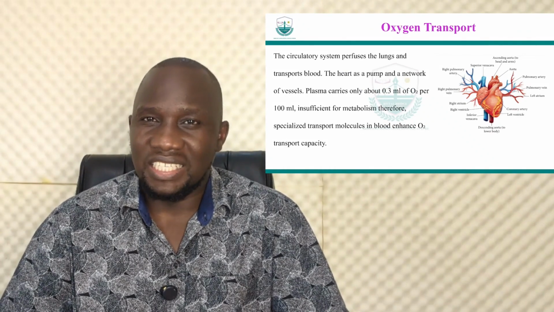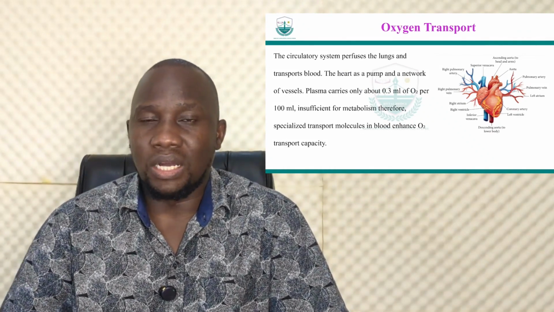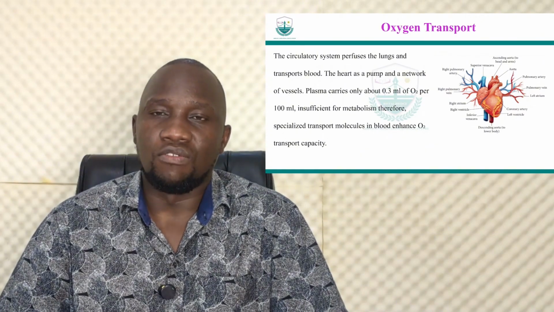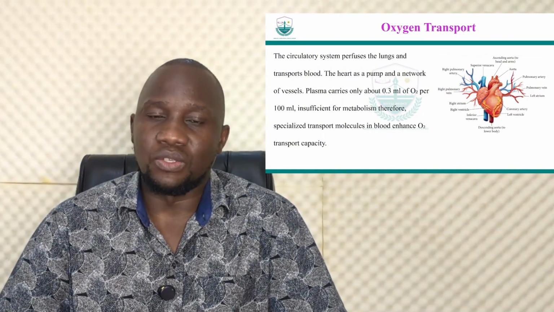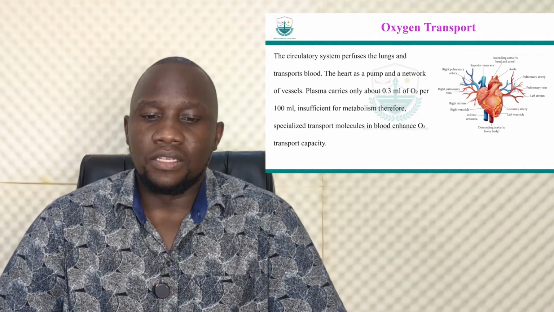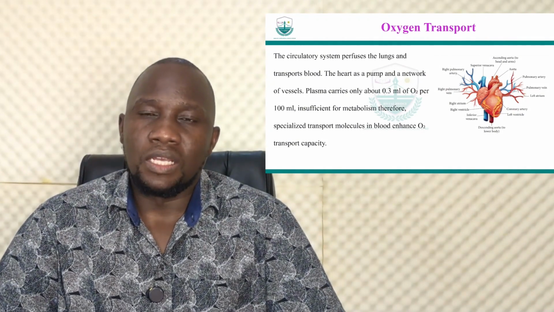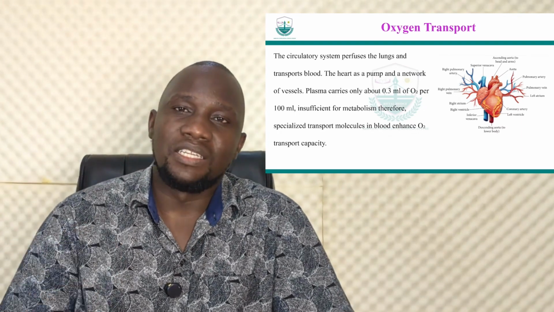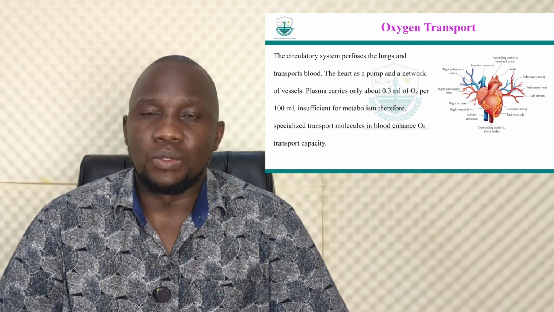So that is a little percentage, but we need to acknowledge that it exists, and the main role of the red blood cells is to deliver this oxygen. So the plasma delivering this small percentage of oxygen is not sufficient.